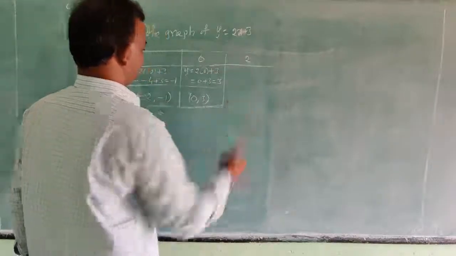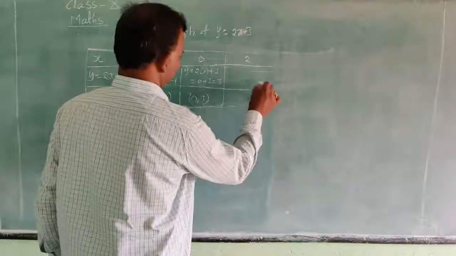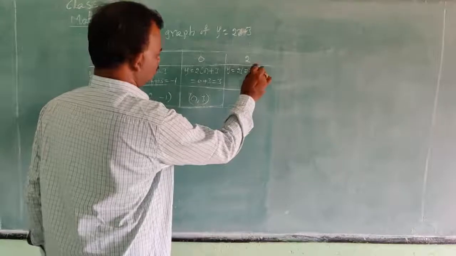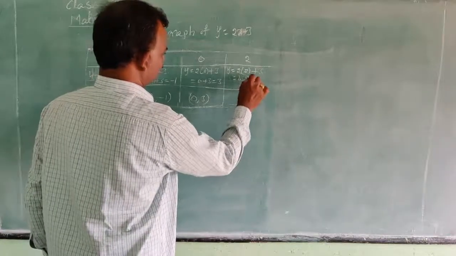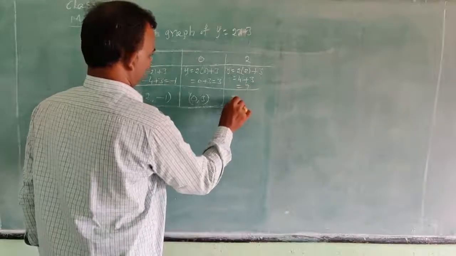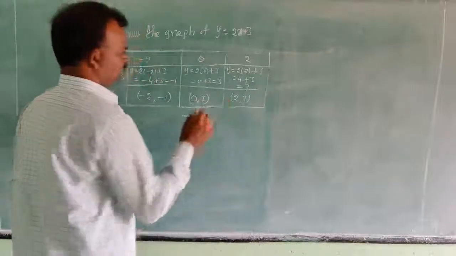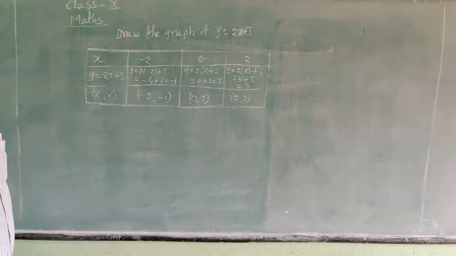Next we are taking another value, 2. We are substituting the value y is equal to 2 into 2 plus 3. 2 2s are 4. 4 plus 3 is equal to 7. The point is 2 comma 7.